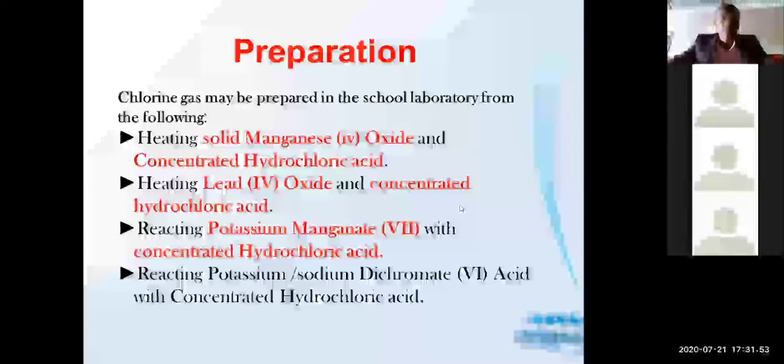One, we can prepare chlorine gas by heating solid manganese(IV) oxide and concentrated hydrochloric acid, meaning you place them in a round bottomed flask, then you heat by setting the apparatus as you will see in the next slide. Also, another one is heating lead(IV) oxide with concentrated sulfuric acid.